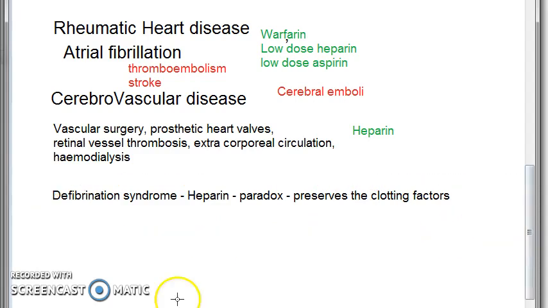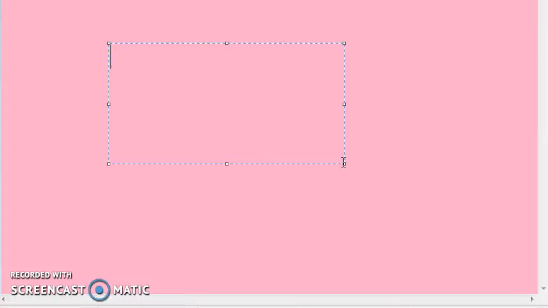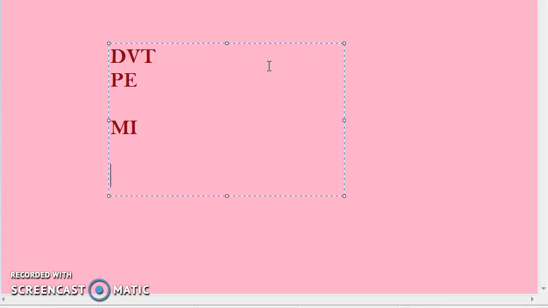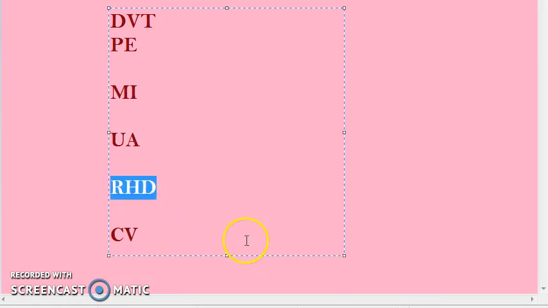Let's see how much you remember. Time to recollect. Over. Okay. Uses of anticoagulant: deep vein thrombosis, pulmonary embolism, myocardial infarction. What else did you see? Unstable angina, rheumatic heart disease.